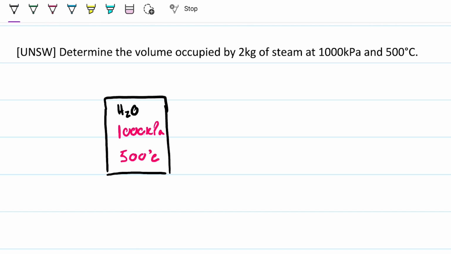The game plan is, given that I know two thermodynamic properties, I can grab any property I want from the state, right? I can grab enthalpy, specific volume, internal energy, entropy, all these different properties. And because I have the mass, I can relate the idea of specific volume, because specific volume is nothing but the volume divided by the mass.